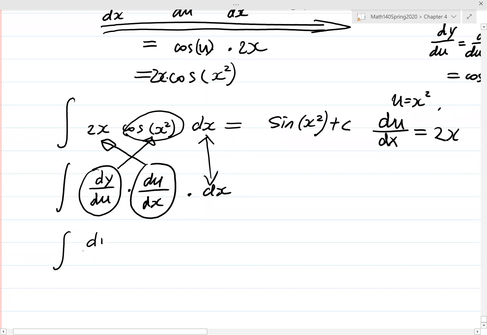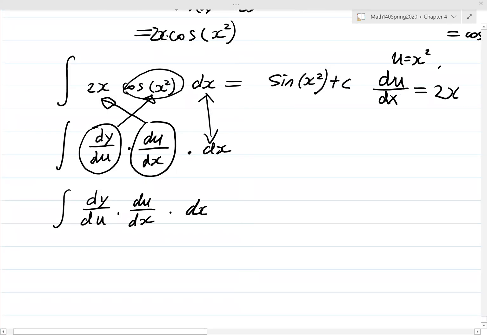So we write the chain rule backwards: dy over du times du over dx times dx.